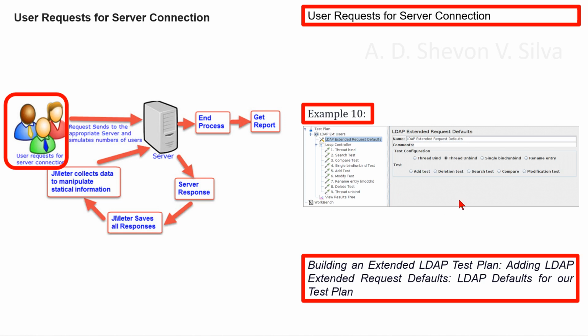We will not enter any default values here as we will build a very small test plan, so we will explain all different fields when we add the LDAP extended samplers. So in this example, we are considering adding LDAP extended request only.